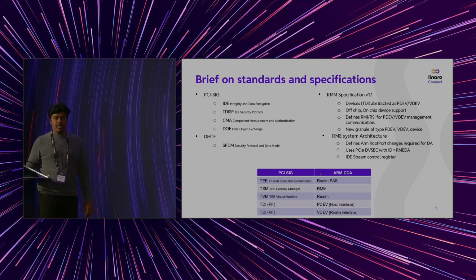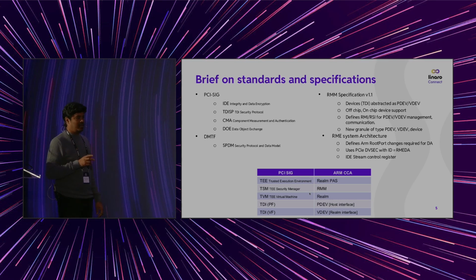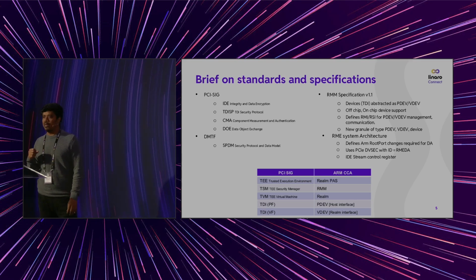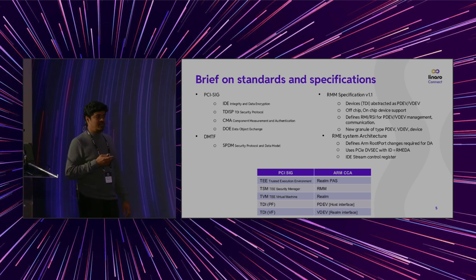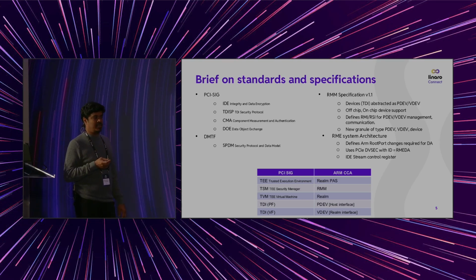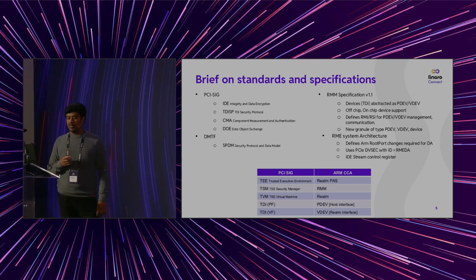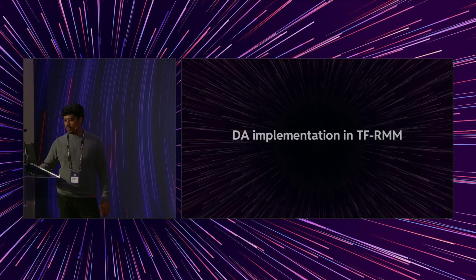And when it comes to TDI, the physical function refers to the PDEV, which is the host interface, which is mainly used by the RMI commands. And there is a TDI, which when it refers to the virtual function, refers to the VDEV in Arm CCA terminology, which is mainly used by the realm interface.